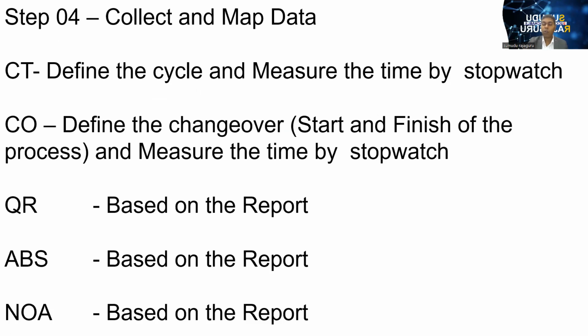Likewise, you should physically be there and collect the data. It will take some time, because today the stores function may be happening, and after 2 days the cutting function can happen. So after 2 days, you have to go again to the cutting, where the particular style is running, and collect the data.